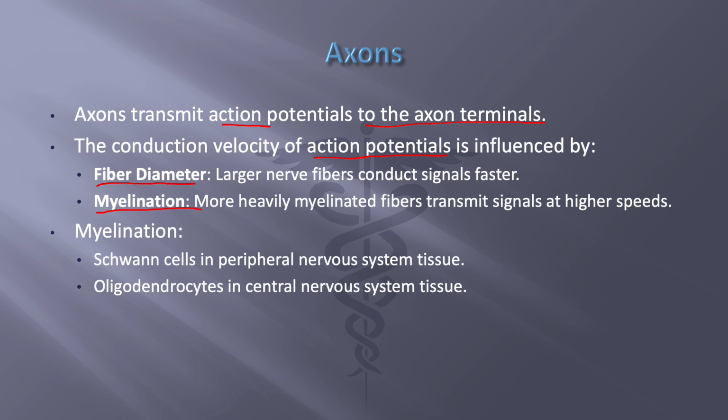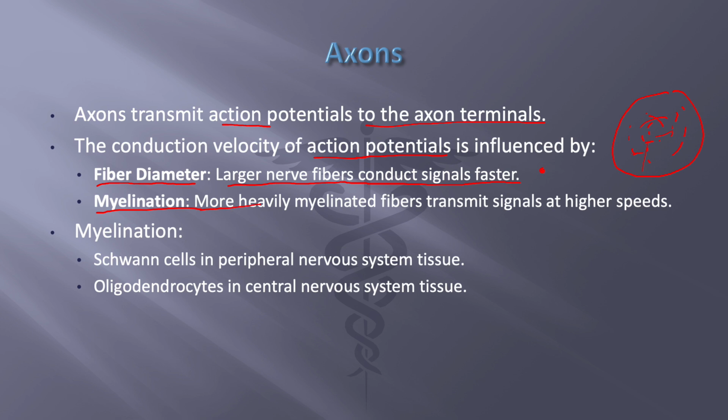Okay, so the fiber diameter, the larger the nerve fiber is, it's going to be able to conduct a signal faster. That makes sense, right? So if I have a small nerve, it can only conduct a certain amount of electricity. But if I have a large nerve fiber, I can send all kinds of electrical impulses. I got all kinds of room to conduct.